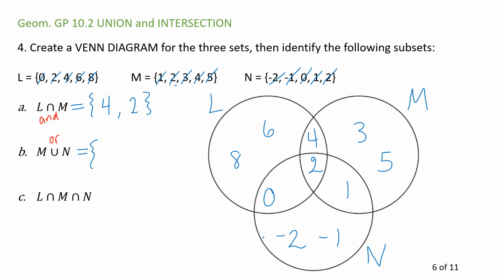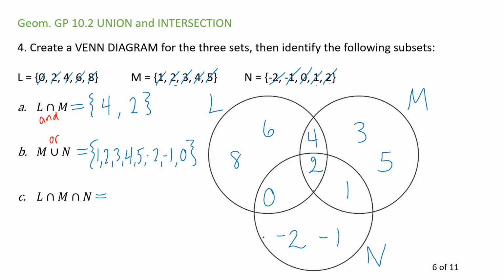So everyone that's in M, come on in. 1, 2, 3, 4, 5. Now everyone that's in N, come on in. But I've already listed some. So negative 2, negative 1, 0. 1 and 2, I've already counted you, so they don't need to come on in. That's an or. Notice how many more people there are in it.